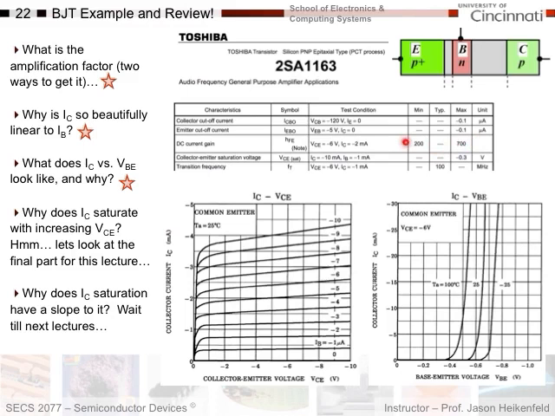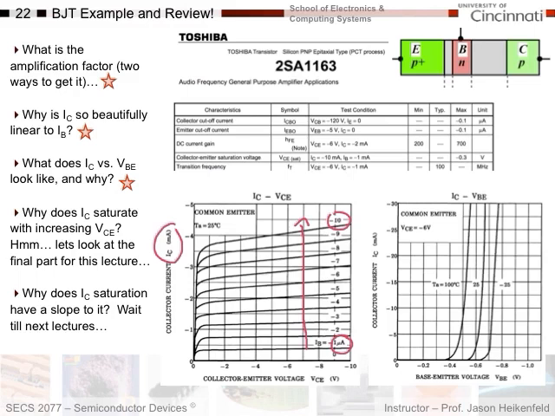Now, one of the things you might be asking yourself at this point, looking at this curve, is first off, why is IC so beautifully linear to IB? I mean, if you look at this, basically I linearly increase my base current going from 1 microamp to 10 microamps, and I see a proportional increase in collector current. Well, that's simple, right?